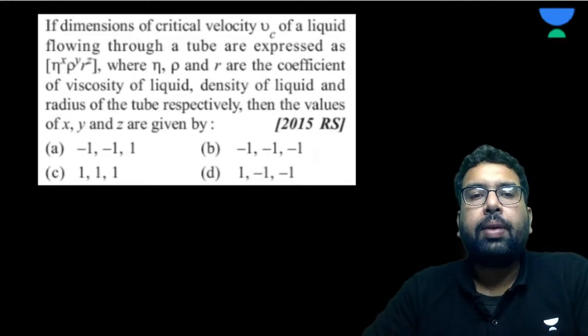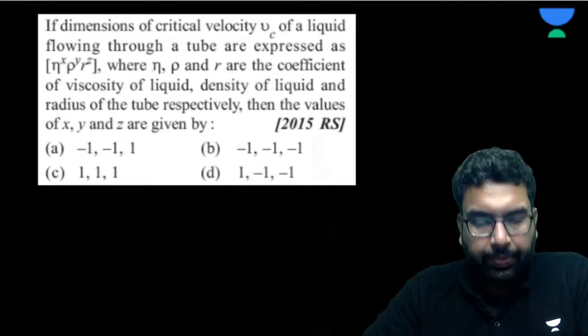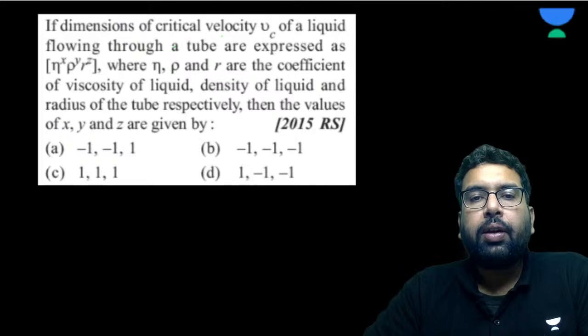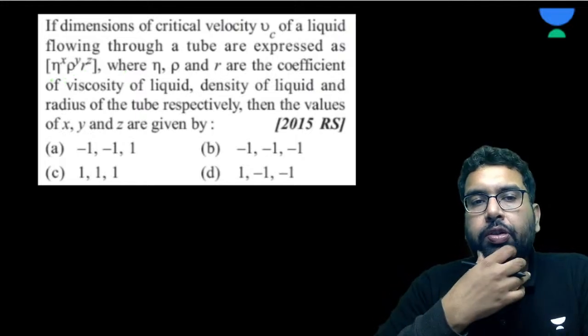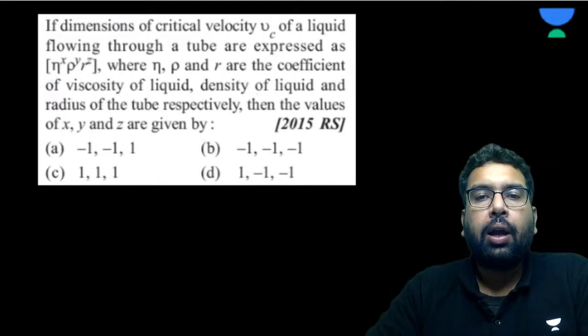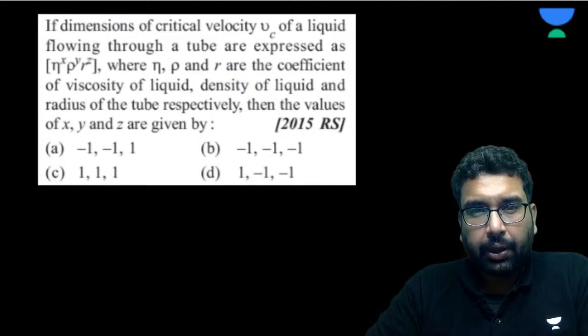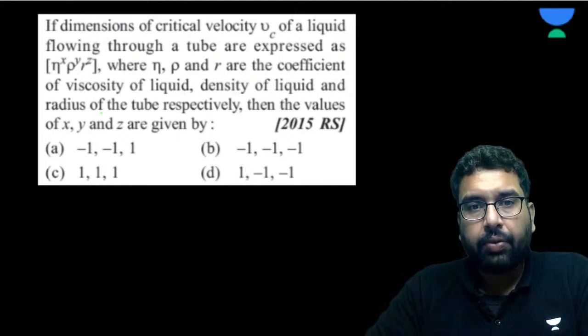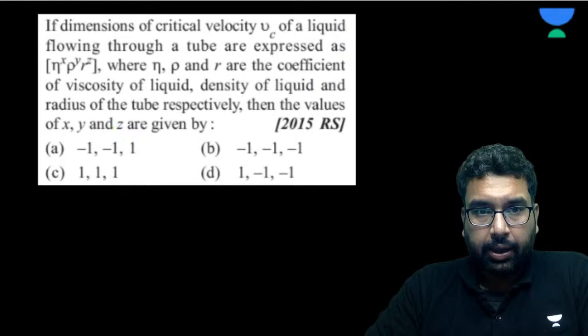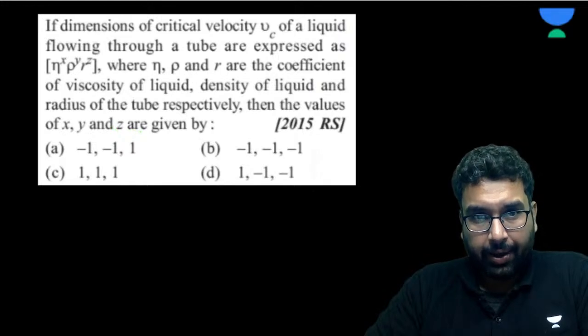So it says if dimension of critical velocity v of a liquid flowing through a tube are expressed as eta to the power x, rho to the power y, r to the power z, where eta, rho and r are the coefficient of viscosity of liquid, density of liquid and radius of the tube respectively, then the values of x, y, z are.